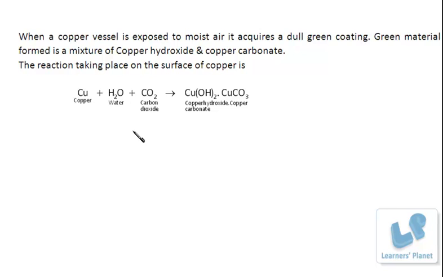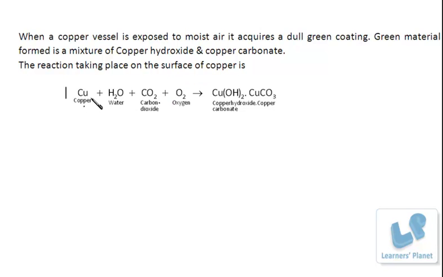How is that green material formed? It is formed by the reaction of copper with water, carbon dioxide and the oxygen present in the air, forming copper hydroxide and copper carbonate.